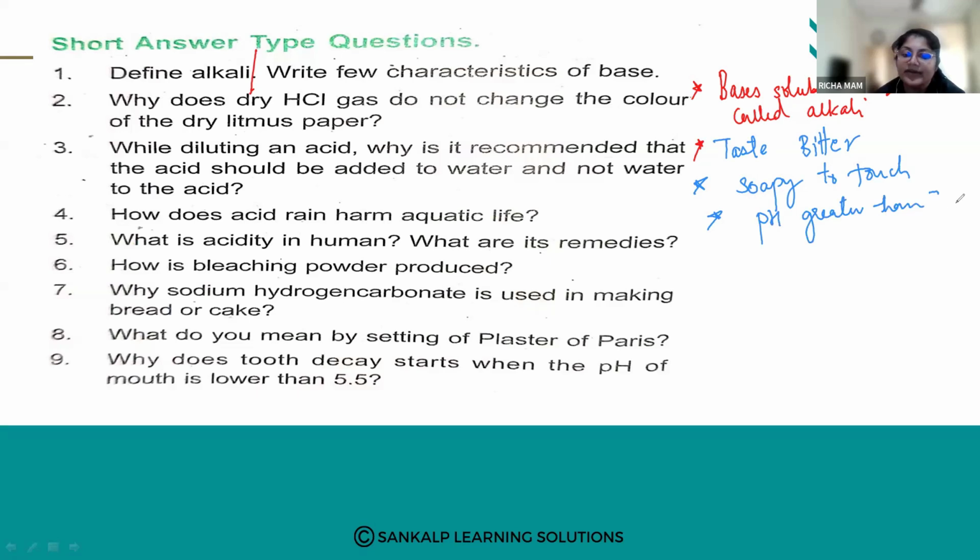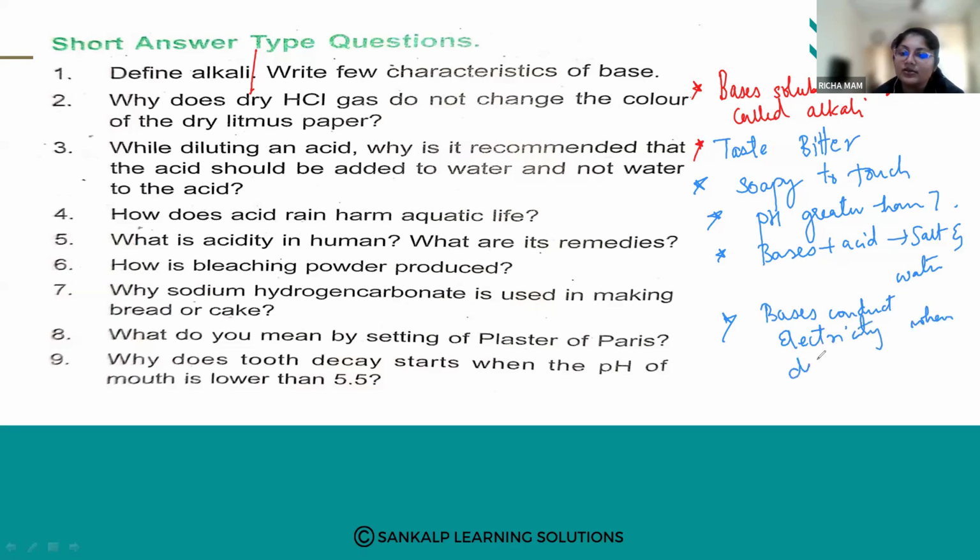When bases react with acids, they form salt and water. One more characteristic we can write: bases conduct electricity when dissolved in water. So these are 1, 2, 3, 4, 5.